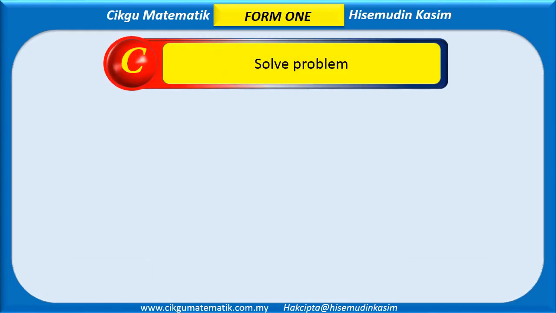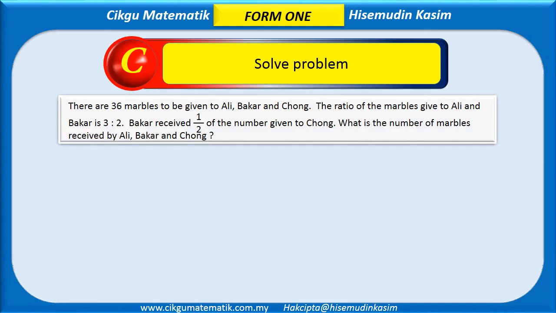C. Solve problem. There are 36 marbles to be given to Ali, Bakar and Chong. The ratio of marbles given to Ali and Bakar is 3 to 2. Bakar received 1 over 2 of the number given to Chong. What is the number of marbles received by Ali, Bakar and Chong?